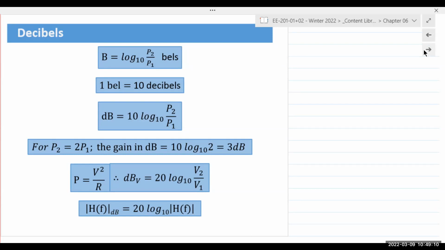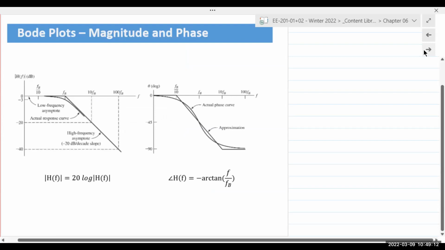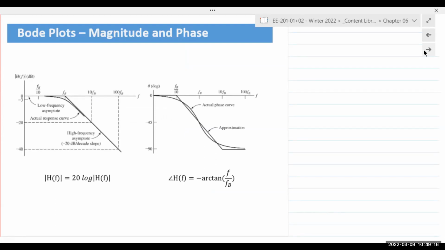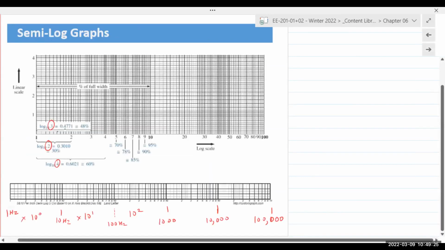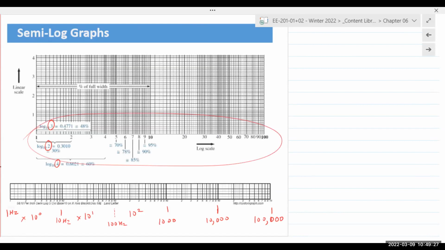So now if you plot a Bode plot, both axes are compressed. On the X-axis, you take the values as they are, the linear values, and you plot them on the compressed X-axis. Frequency is plotted on the X-axis, but the scale is compressed.